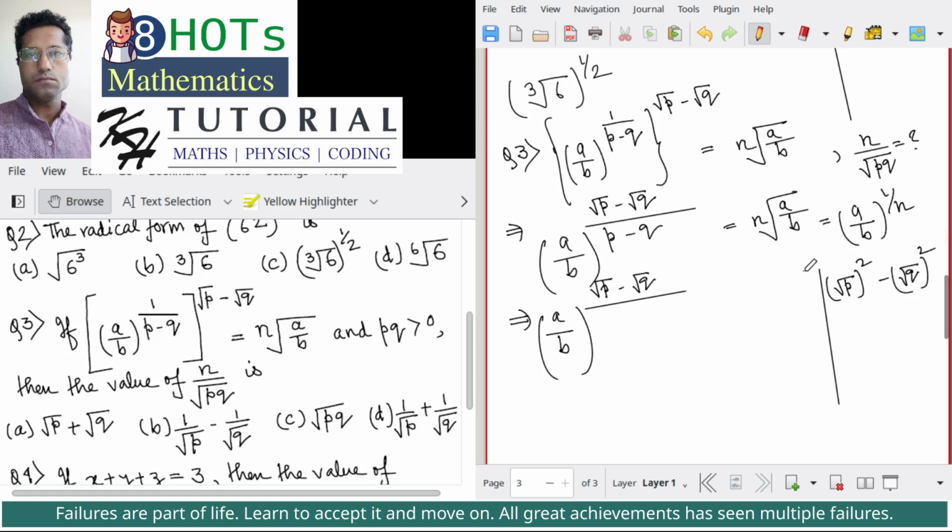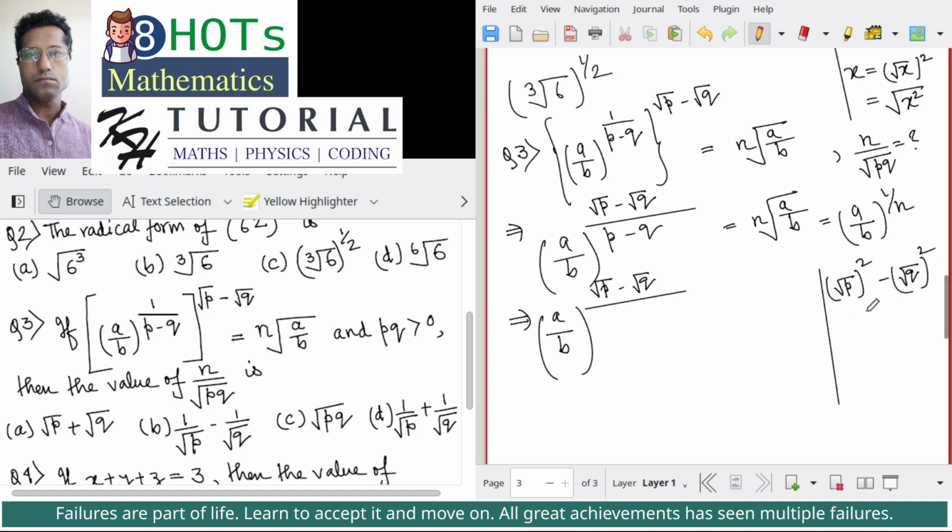Please note that x is equal to square root of x whole raised to the power 2, or this is also equal to square root of x squared. So p minus q can be written as square root of p squared minus square root of q squared.